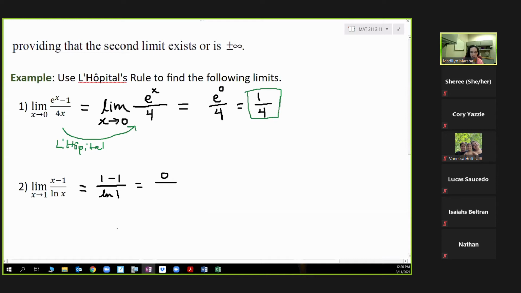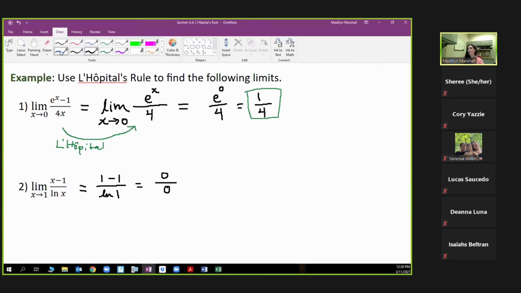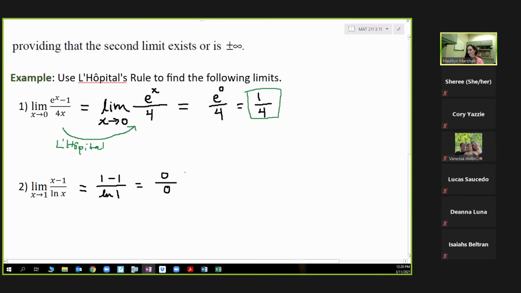What is the natural log of 1? 0, exactly. Log of any base of 1 is always 0. So since this is indeterminate, we need L'Hopital. And then that would be 1.